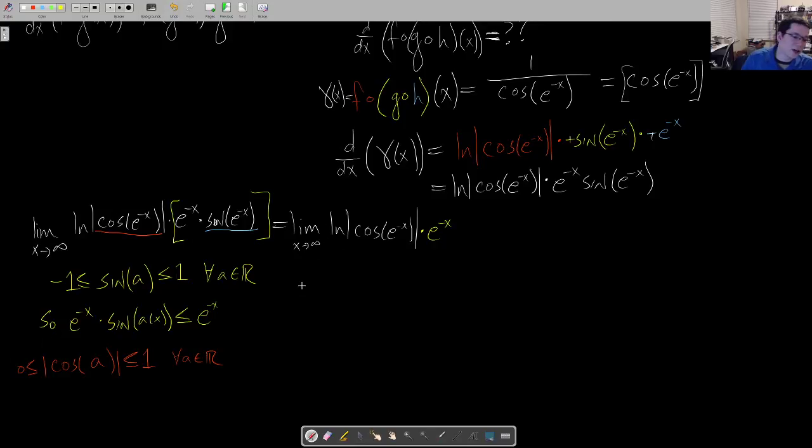Yeah, we'll have to put a caveat on this later. But the upper bound is the natural log of 1, which is 0. This is going to be funky looking. Of 0 times e to the negative x equals 0. So this is actually the limit of the upper bound.